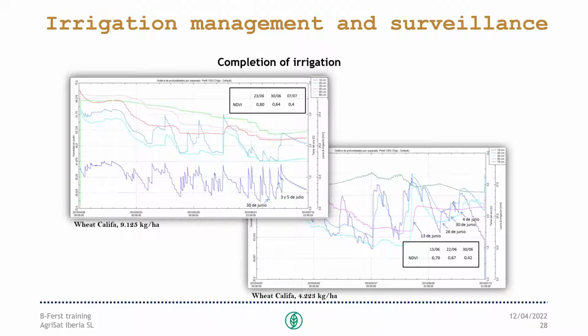So we can correlate this NDVI value with this moment and know when it is possible to end the irrigation for the season.